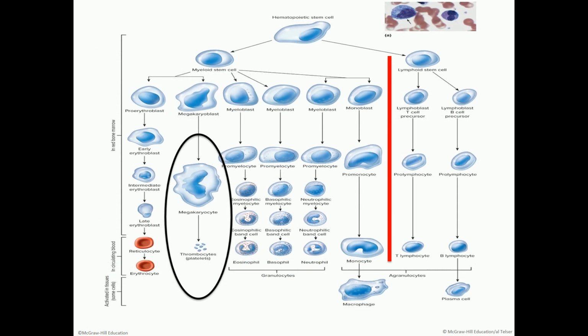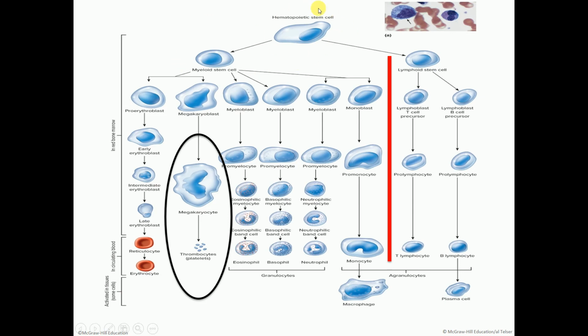So let's take a look at the process of hematopoiesis. So again, you start off with a hematopoietic stem cell, and then through different growth factors, that hematopoietic stem cell is going to be stimulated to differentiate into either a myeloid stem cell or a lymphoid stem cell. So a stem cell is a cell that basically has the ability to produce more than one kind of cell.